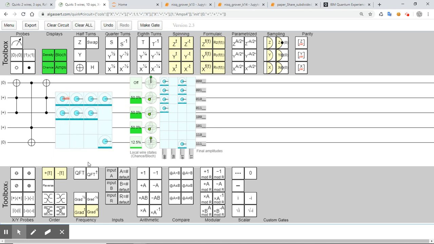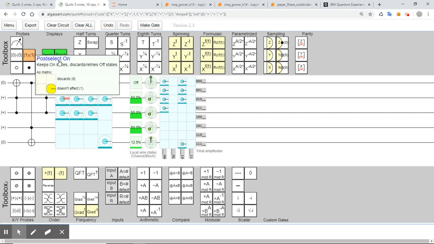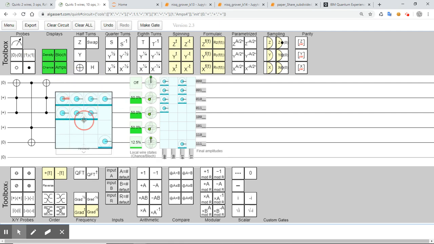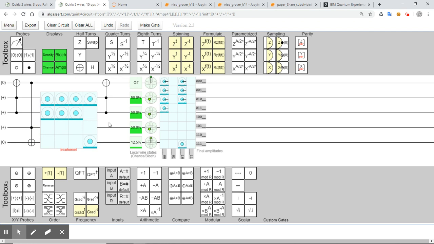So this is the uncompute. The uncompute works well. If I ignore this, does this change? It doesn't change. But pay attention that it says it's incoherent, entangled with other qubits, and I think the reason here is that we have an uncompute.